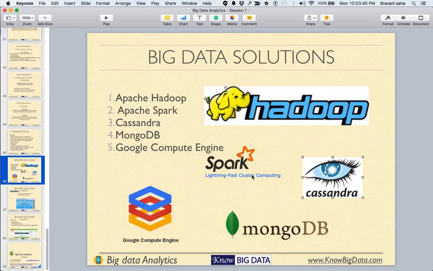But you can combine Cassandra and Spark together to do the computation. Similarly, if you have MongoDB, you can store a lot of data in MongoDB, and then combine it with Spark. In the case of Cassandra and Spark or MongoDB and Spark, the challenge occurs when Spark is installed in one cluster and MongoDB is running somewhere else.